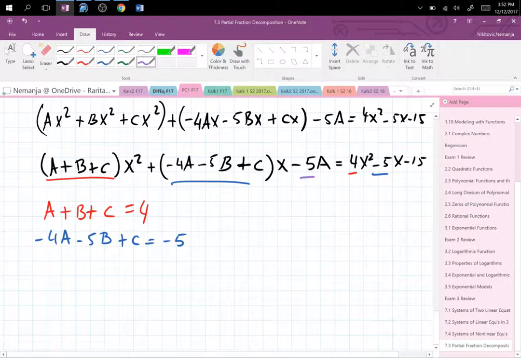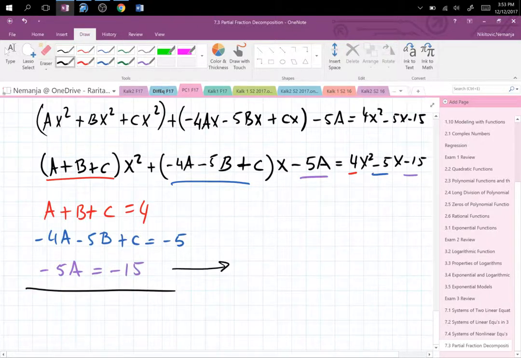And finally purple, with purple, well, negative 5a equals negative 15. Yay! I get a is 3. Immediately, a is 3. That helps a lot.